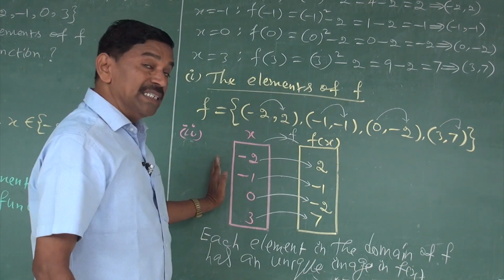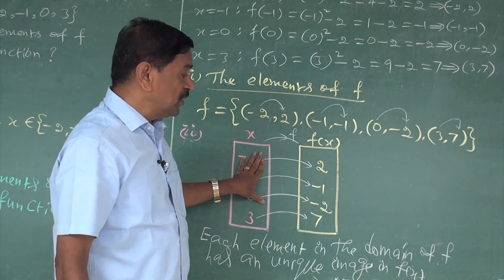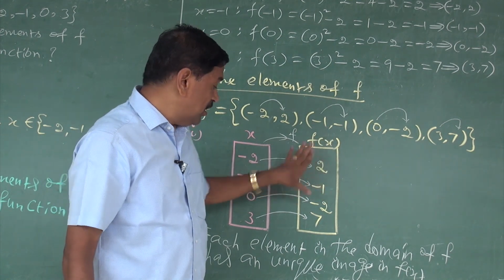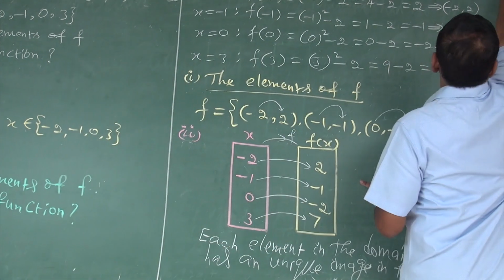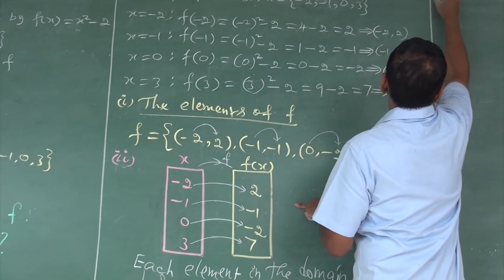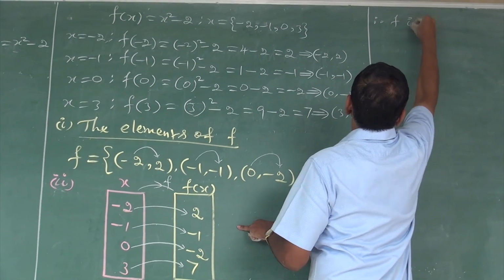Again, each element in the domain of f has a unique image in f of x. Therefore f is a function.